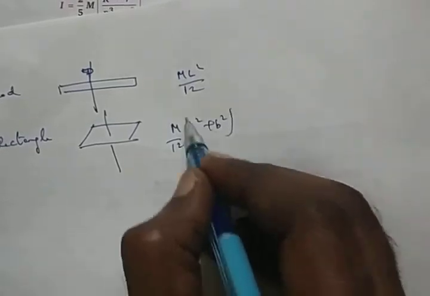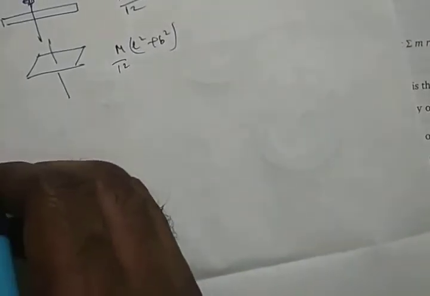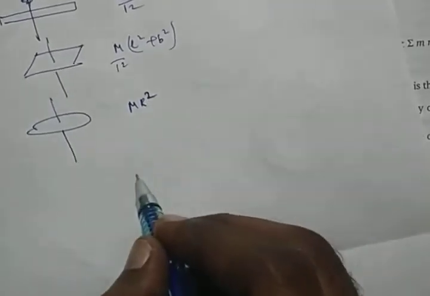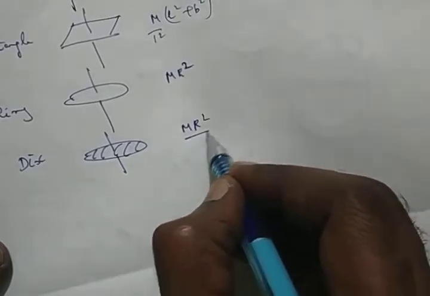C part, ring: if it is a ring, it's going to be equal to mr square, right? D, if it is a disc fully, it's going to be equal to mr square by 2.